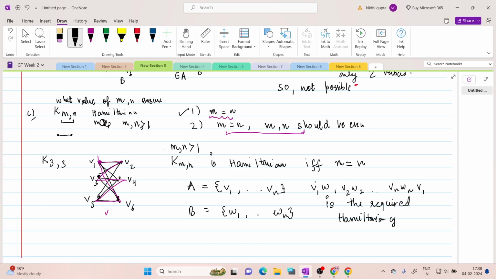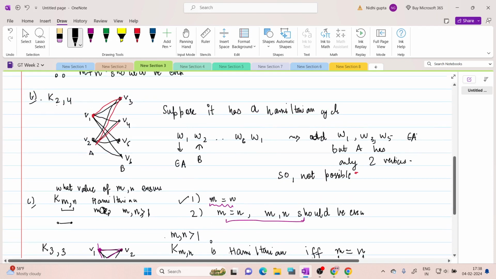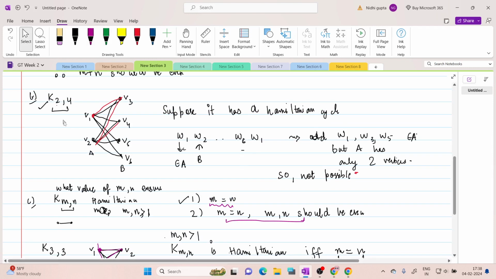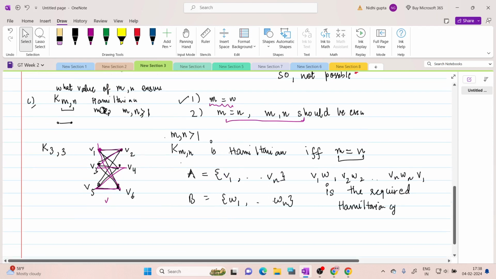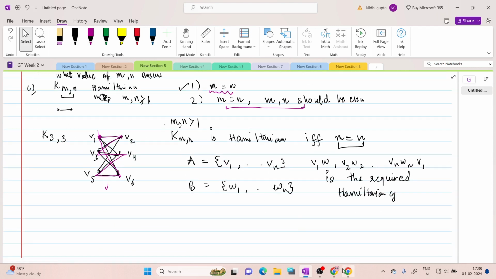And we can always find an edge between V1 and W1, and V2 and W2, because it is a complete bipartite graph. V1 is connected to every vertex in W. So if M is equal to N, then K(M,N) is Hamiltonian, and if M is greater than or less than N, a similar argument, that we run out of vertices, will work. Therefore, if K(M,N) is Hamiltonian, then M should be equal to N. Is this argument clear?